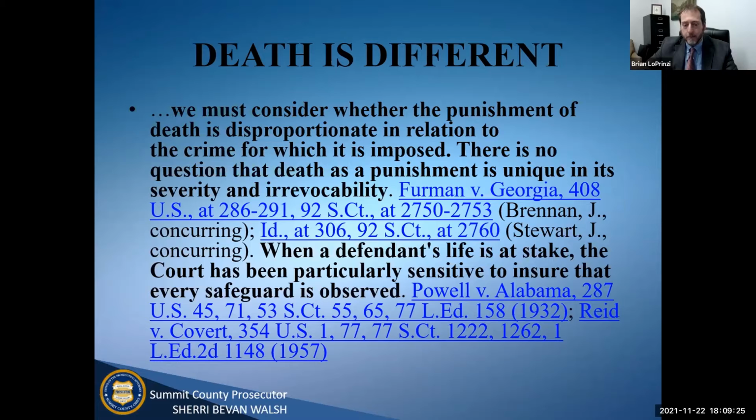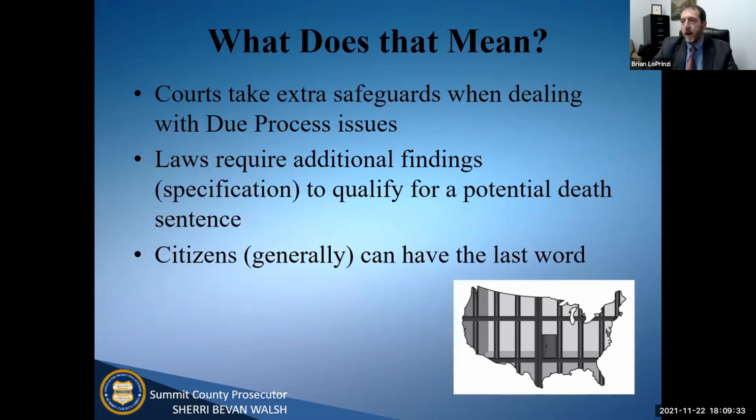So they delineated a long time ago that death is definitely different. You can't just treat it like any traffic case. So what does this mean? It means that the courts take the safeguards when dealing with due process. Due process is a legal term that we hear all the time, but most people don't understand. Due process is the things that you're required to go through in order for the system to be fair.